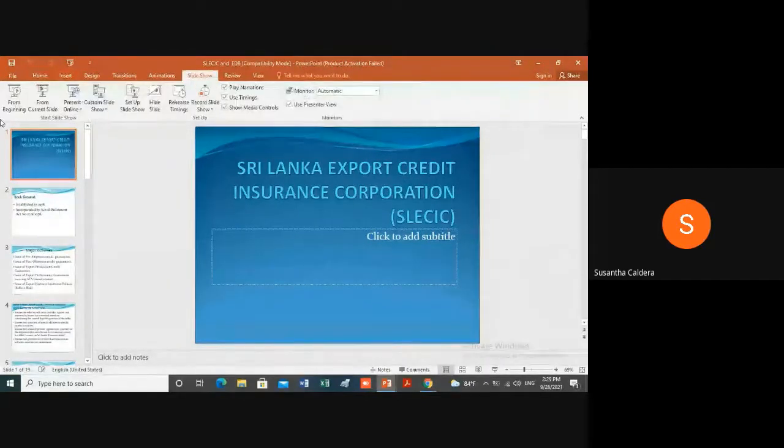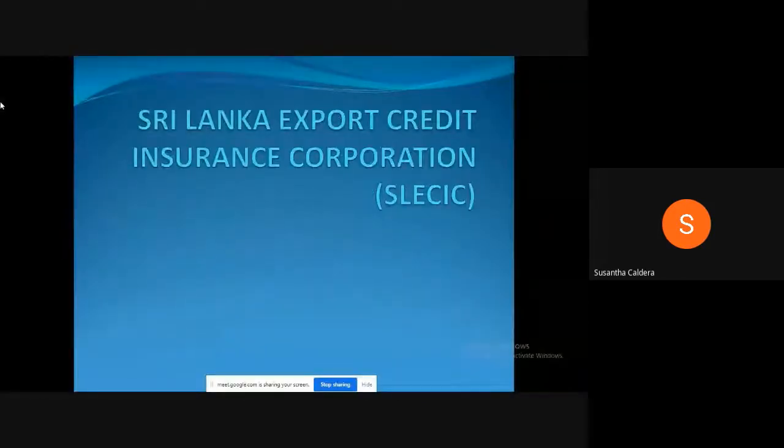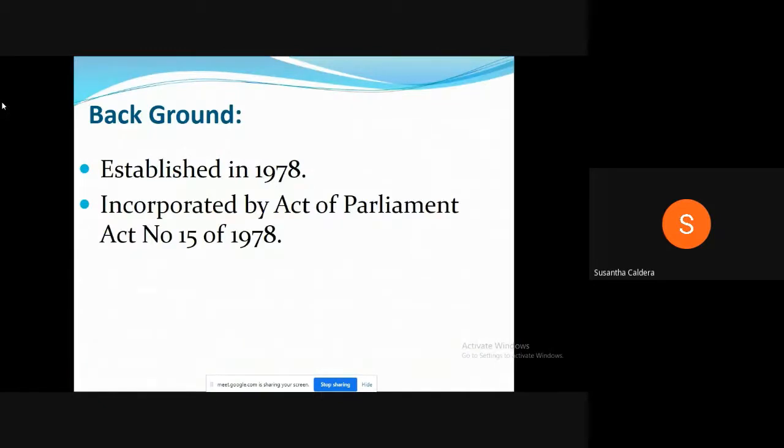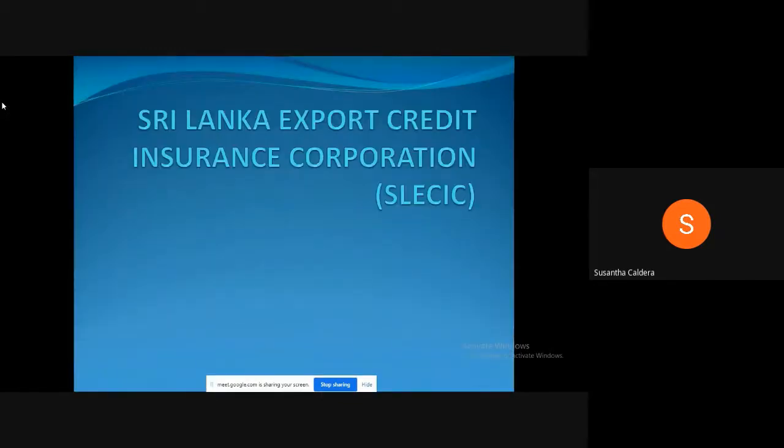This is another area. SLESIC, Sri Lanka Export Credit Insurance Corporation. Can you see the presentation? Hello? Yes. Can you hear me? Yes, sir, you can see the presentation. Right, okay, fine. Now, the Sri Lanka Export Credit Insurance Corporation is a very, very important organization.